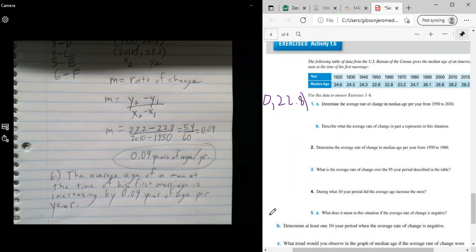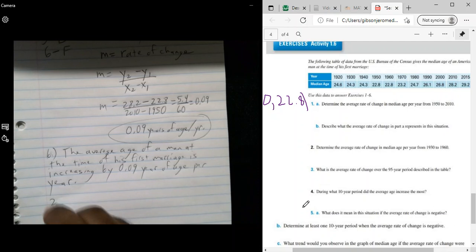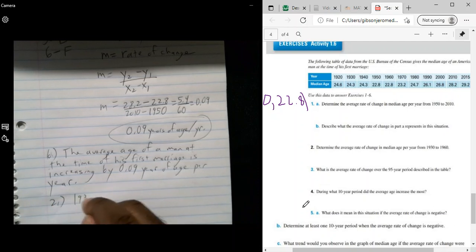Now we go here to number 2. Now number 2, it says determine the average rate of change in median age per year from 1930 to 1960. Now we look here at 1930, we had 24.3.